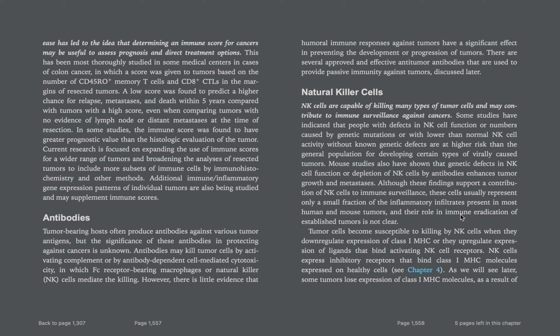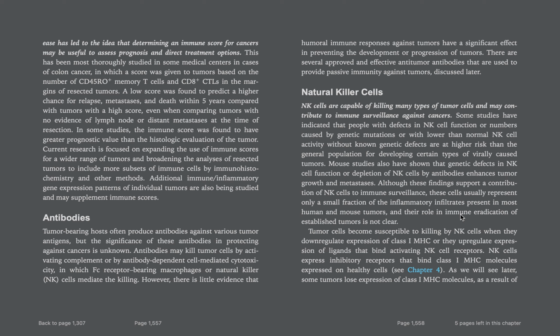However, there is still little evidence that the humoral immune response against tumor has a significant effect in preventing the development and progression of tumor. There are also several approved and effective anti-tumor antibodies that are used to provide passive immunity against tumor, discussed later.